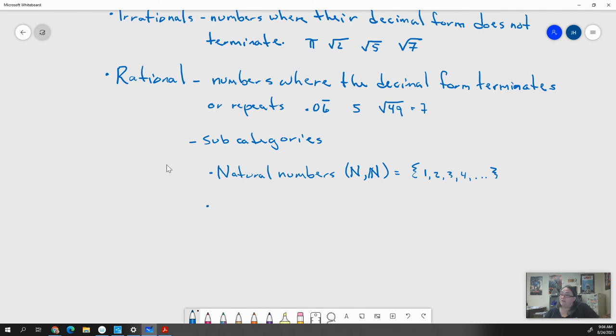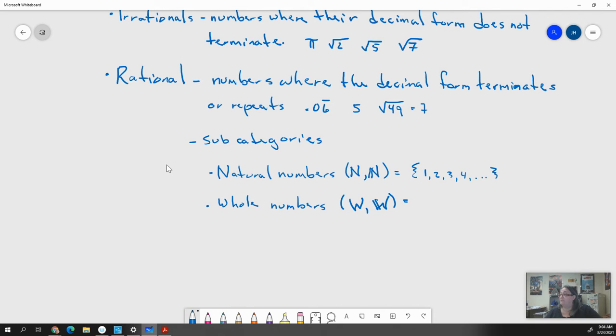Your next subcategory would be the whole numbers. And we call the whole numbers W, and sometimes you will see that also with an extra line in the W. It's just a way of labeling sets.